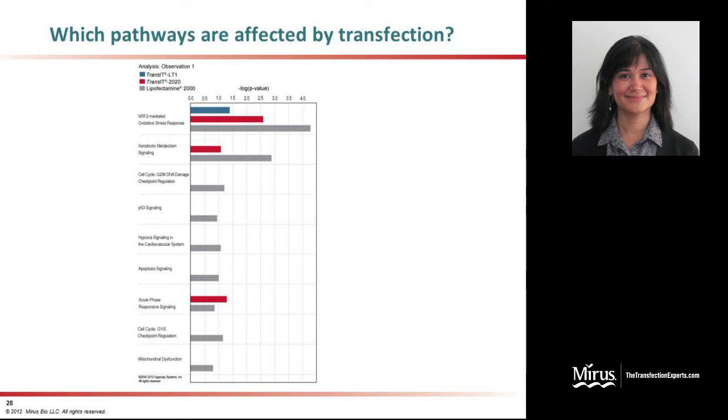What was concerning to us and could be to you as well is that a lot of people are actually doing research on these particular pathways. So if you use transfection reagents that could significantly upregulate or deregulate the gene expression profiles of any of these proteins that you're looking at, it would be a major concern for your experimental output.